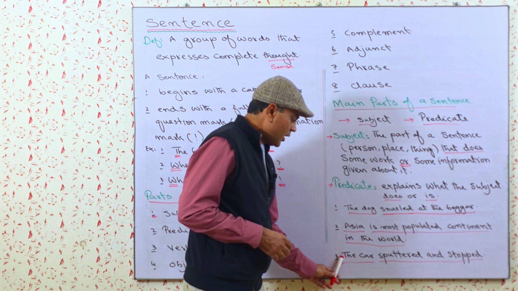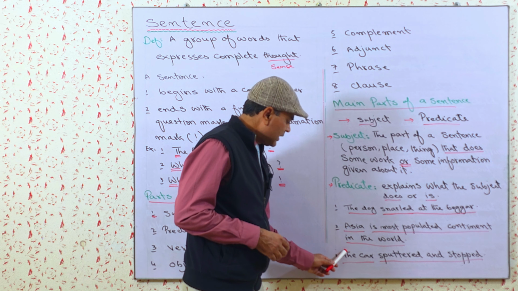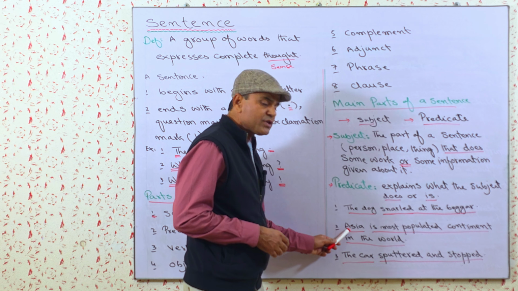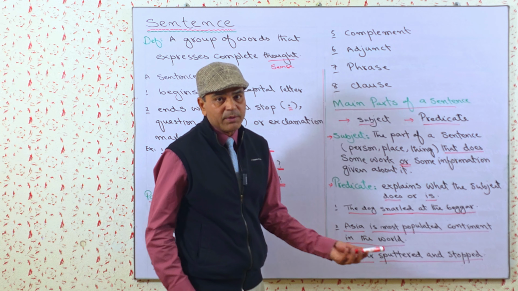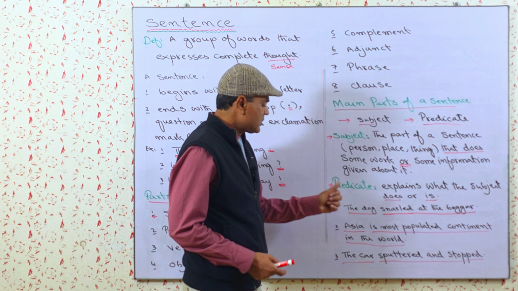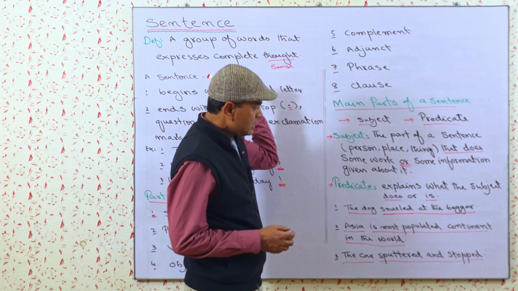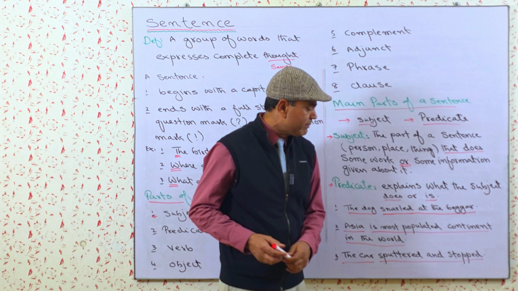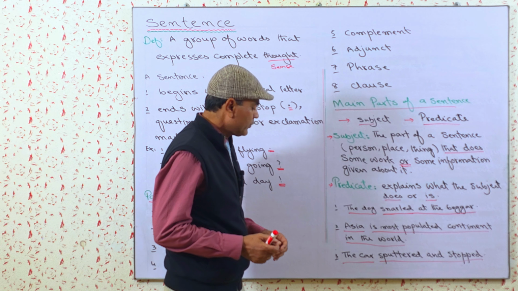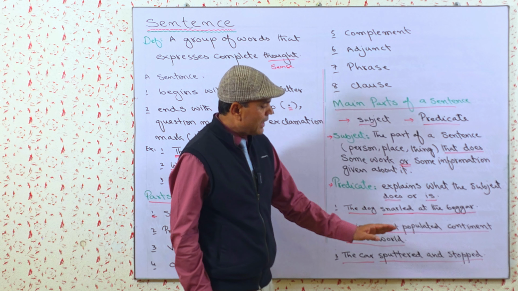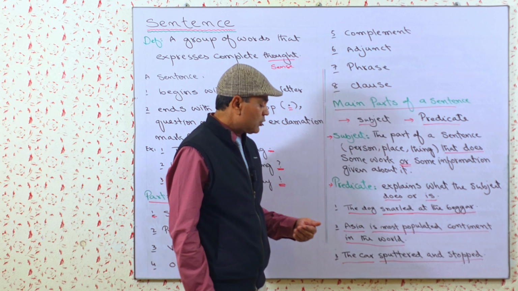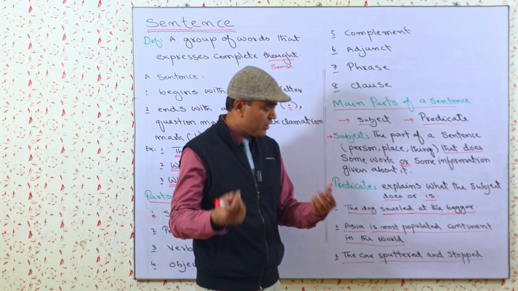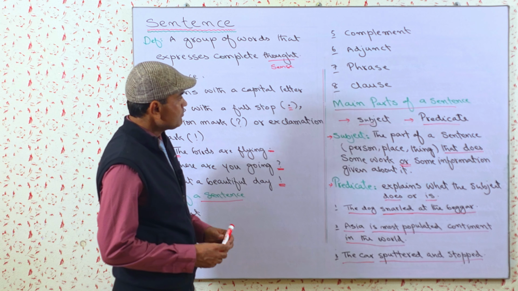The car is a noun, and the letter T is capital because it begins the sentence, and all these sentences are statements, that's why they end in a full stop. So sputtered and stopped is the predicate, the car is the subject. Here we are showing the activity of, or giving information about, the car.